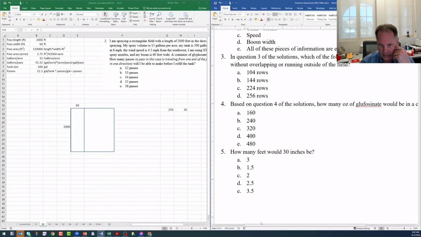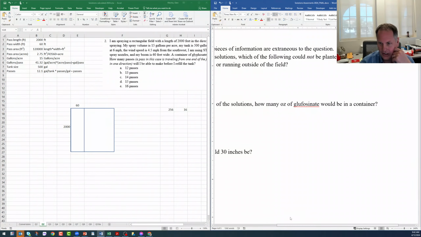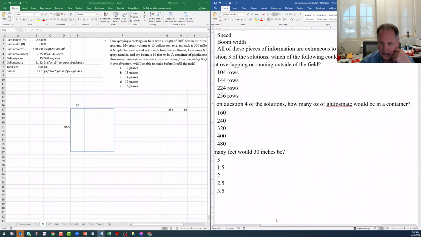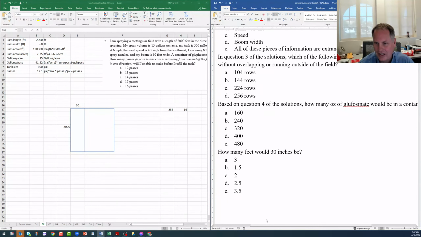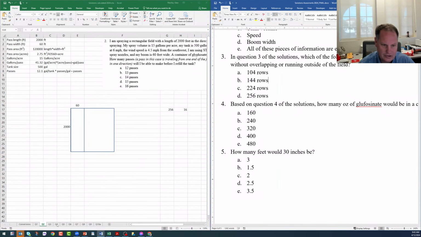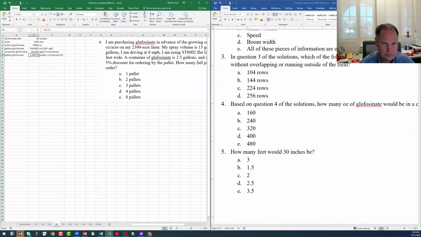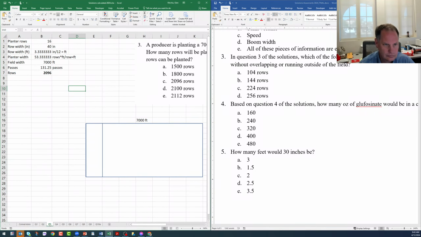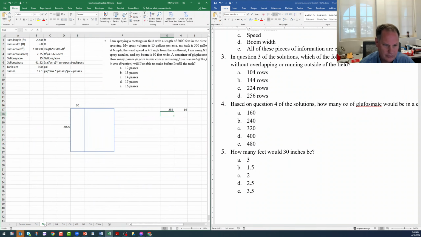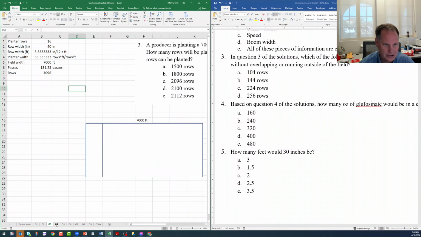Okay, based on question 4 of the solutions, how many ounces of glufosinate would be in a container? So let's look at question 4 here. Okay, apparently I was calculating this on the wrong page. That's okay though.